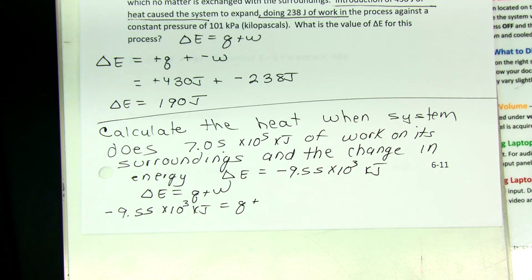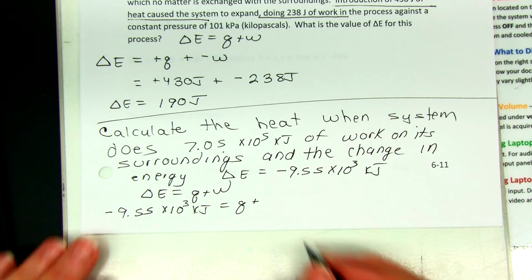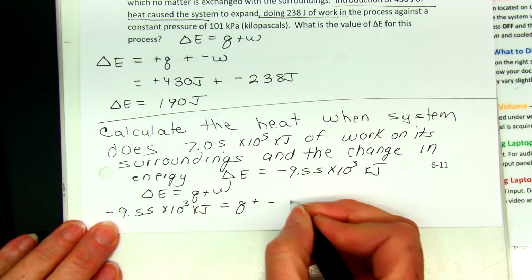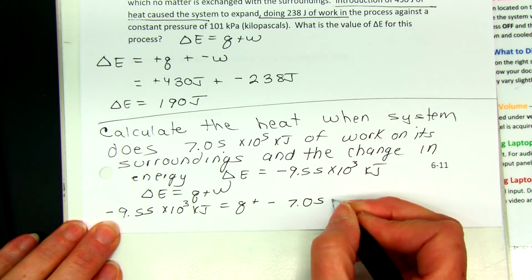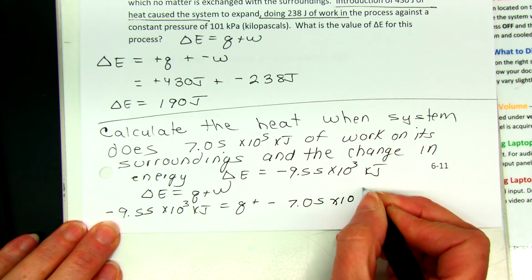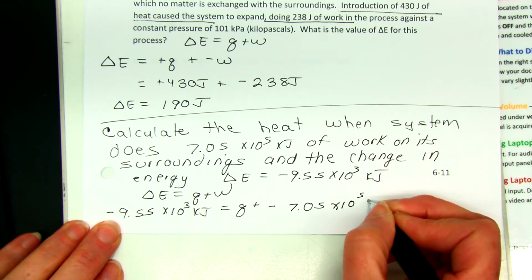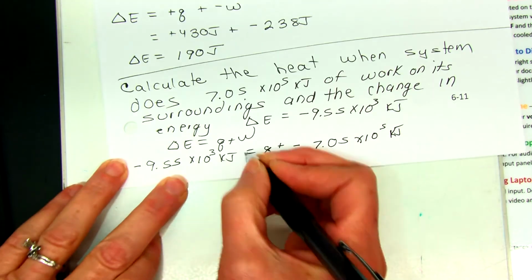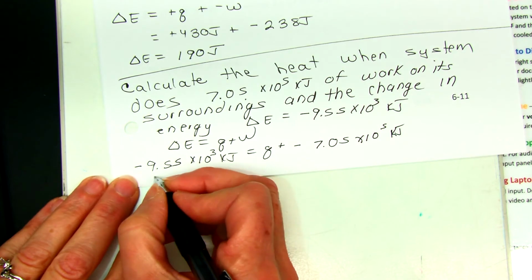So is that a positive or a negative sign, class? Negative. So plus a negative 7.05 times 10 to the fifth kilojoules. So now all we have to do is rearrange.